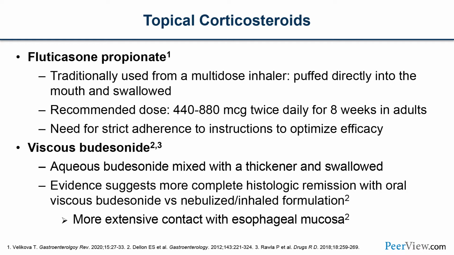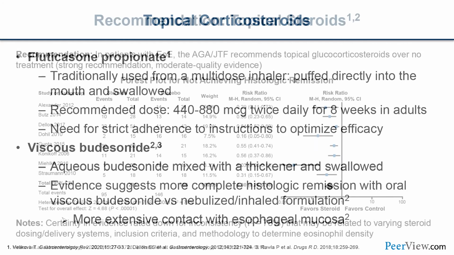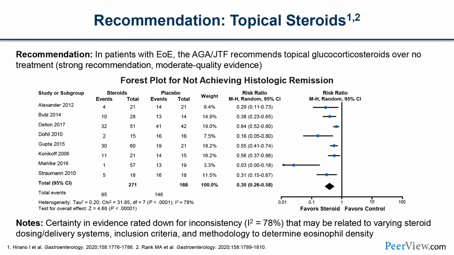And there is quite a bit of evidence that there is complete histologic remission with that, even better than the nebulized treatment. So this is, like I said, one of the strongest recommendations with still moderate quality evidence, but you can see in the forest plot that everything is on this side based on the multiple studies here.